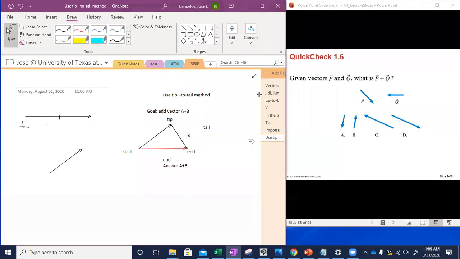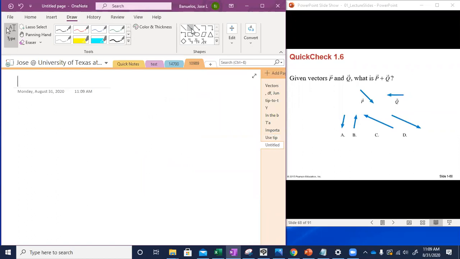In this case, we're going to draw vector P first, looks like that. Then we take vector Q, which is horizontal and pointing to the left. With the tip-to-tail method, you take P, put the tail of Q on the tip of P, like that.